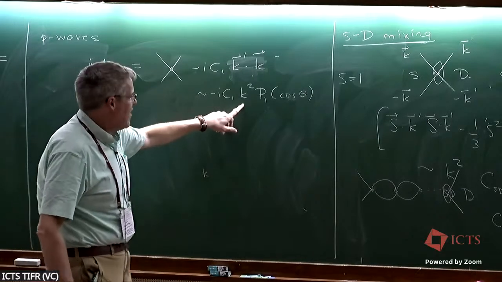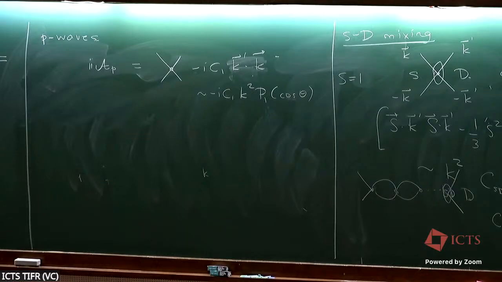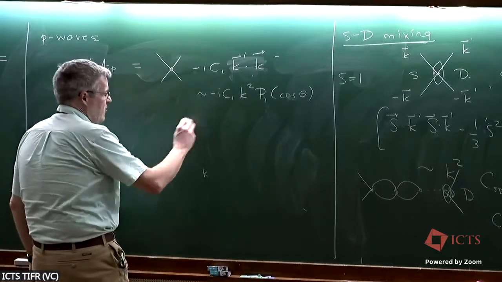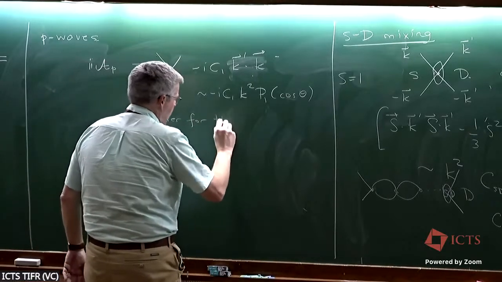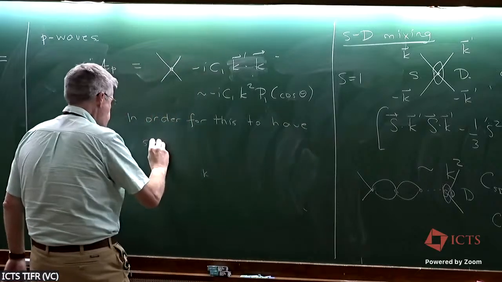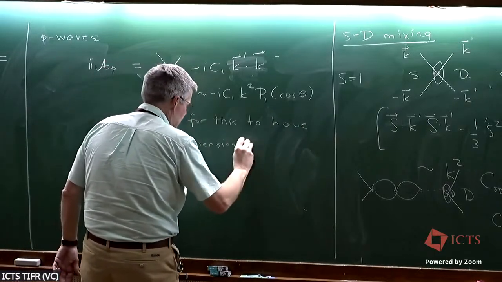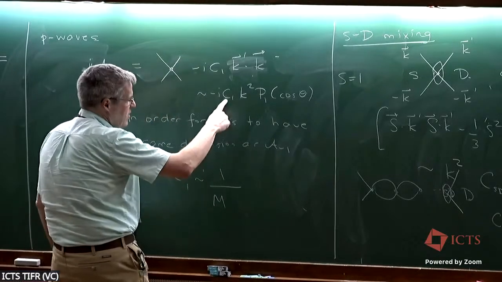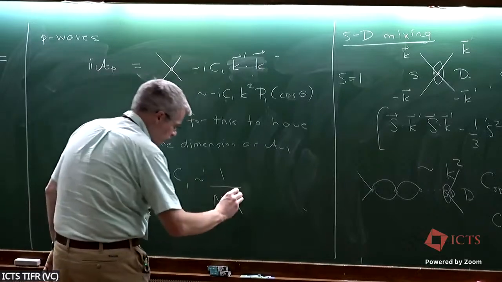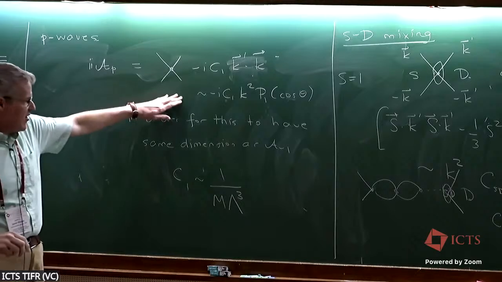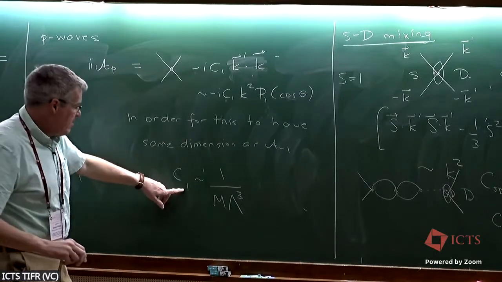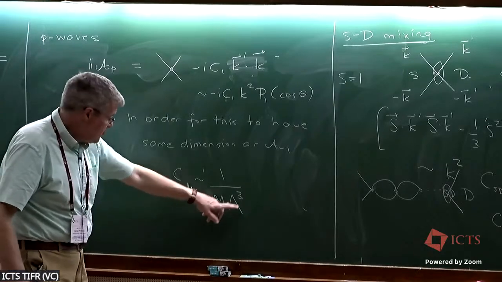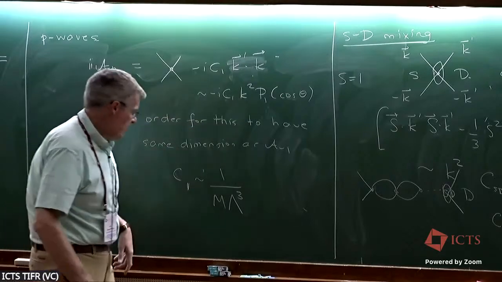In order to have the correct mass dimensions, the same mass dimensions as A minus 1, which are -1 times the non-relativistic mass, big M, C1 has to scale like 1 over M, and it also has to scale like something to the 3rd power, so that overall the momentum dimension of this thing is -1. So then, as long as P waves are natural and this C1 coefficient associated with P waves encodes that natural scaling, we would expect that P waves are order k squared over lambda cubed.